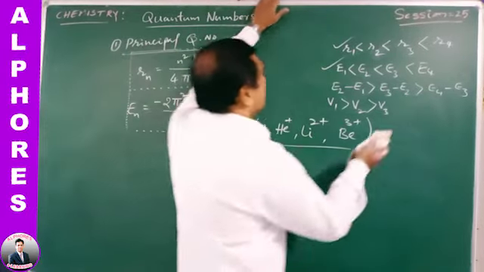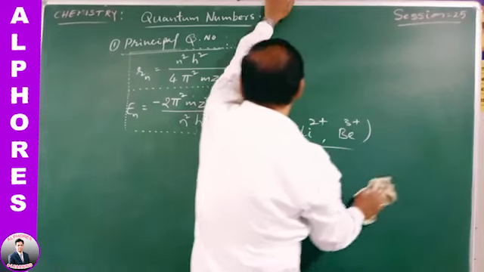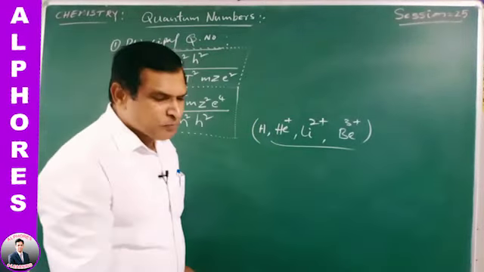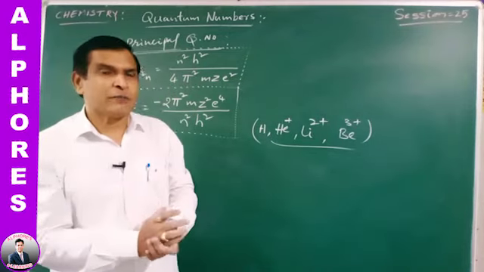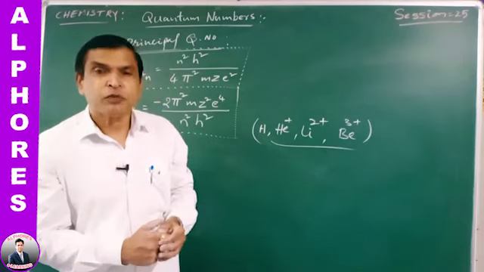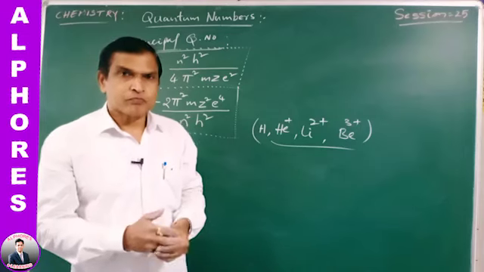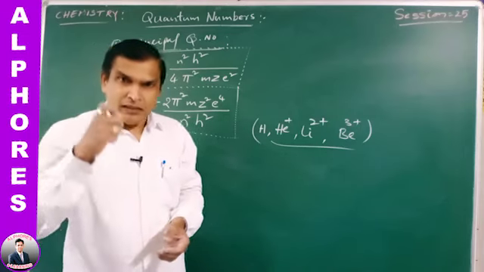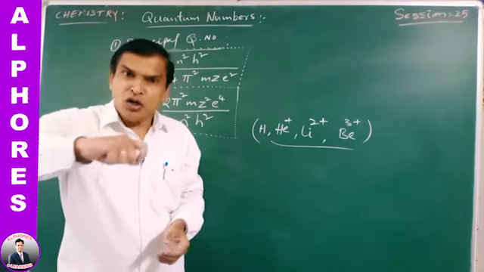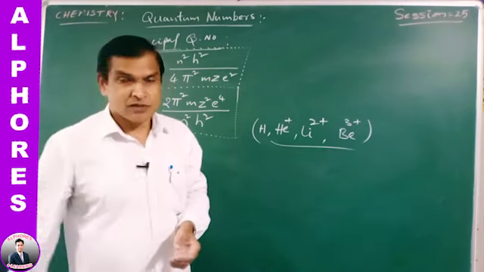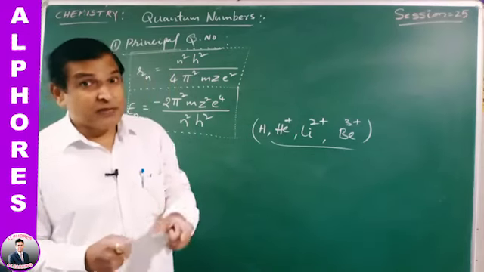Next one is the azimuthal quantum number. But once again, let us see a short revision of the principal quantum number. The principal quantum number was explained by Niels Bohr. It represents the circular orbit in which the electron revolves around the nucleus.